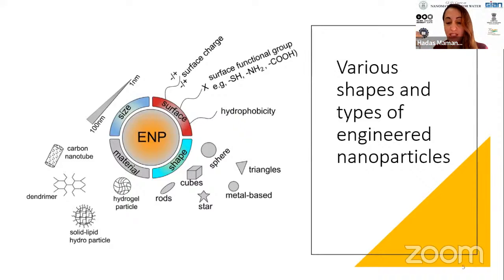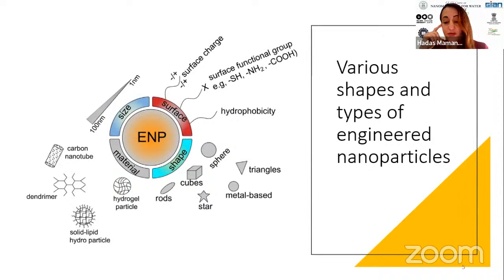For example, in wastewater, engineered nanoparticles such as silver nanoparticles were found in wastewater that comes from laundry and clothes washing.